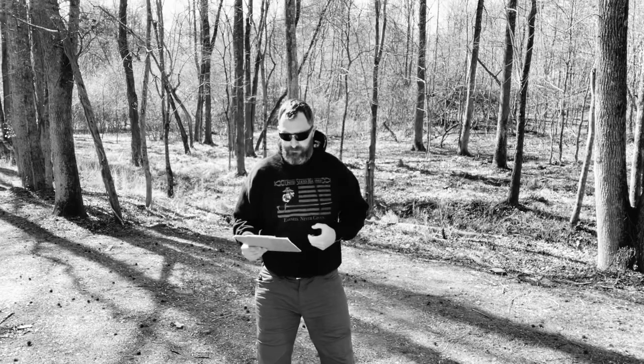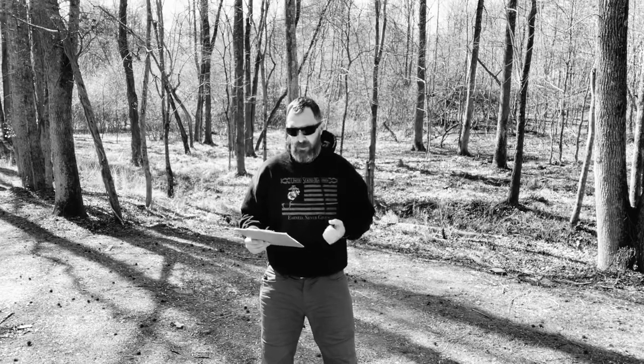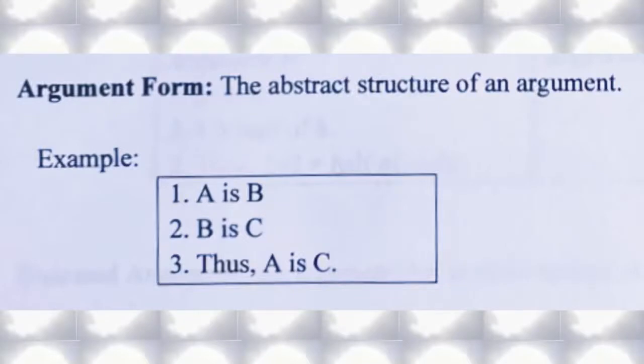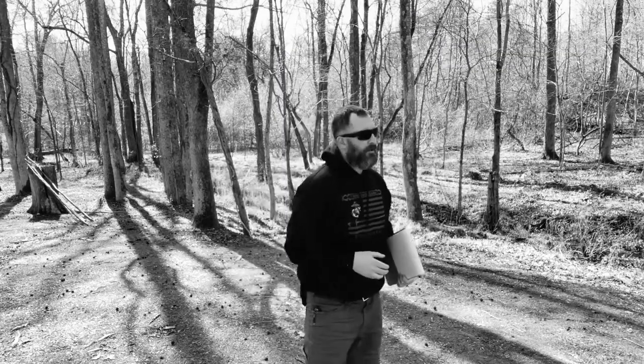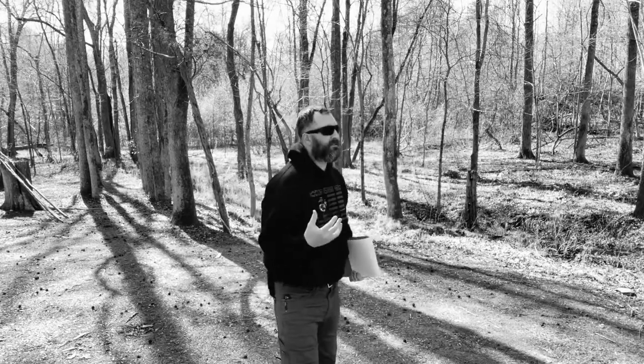The third concept here is an argument form. The argument form is the abstract structure of the argument. So an example would be A is B, B is C, thus A is C. An example of an argument that had that structure could be something like God is all good, things that are all good never do wrong, thus God never does wrong. Another example of an argument with that structure would be God is all powerful, things that are all powerful can do anything, thus God can do anything.